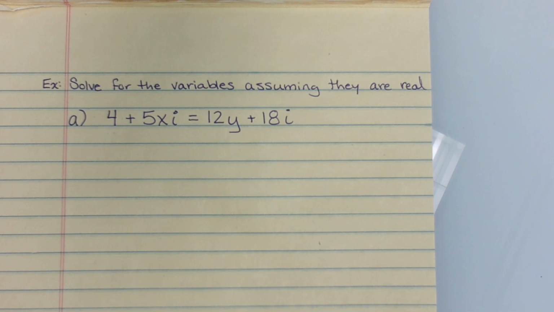Here's the nice thing about complex numbers, specifically about the imaginary part of it. I is the square root of what again? -1. Now let's imagine that I take that I and multiply it by a real number, because we set up here that we are assuming the variables are real.